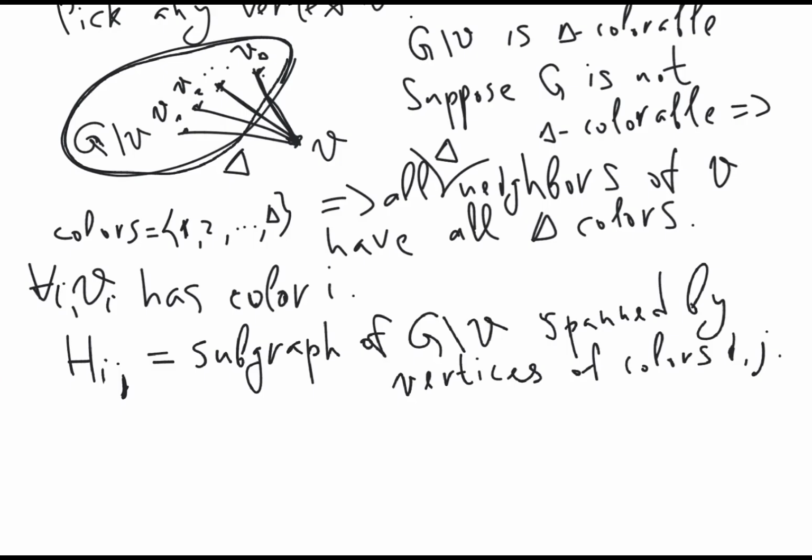So we take only the vertices of colors i and j, and this is the subgraph.